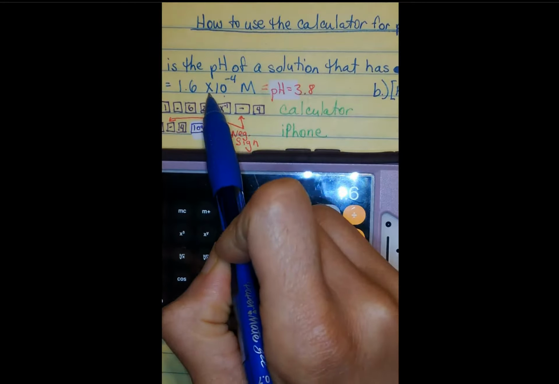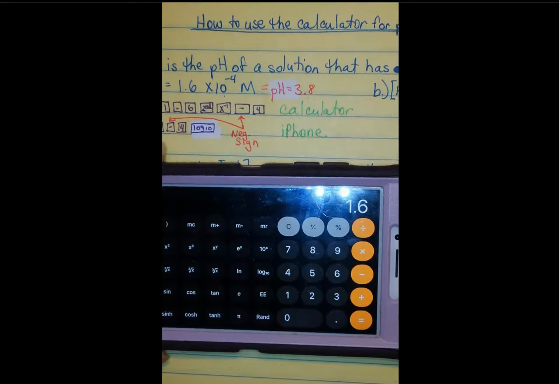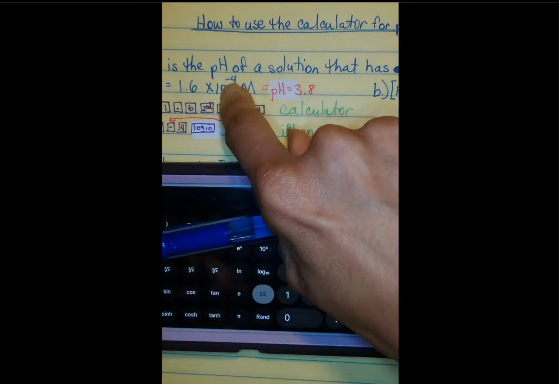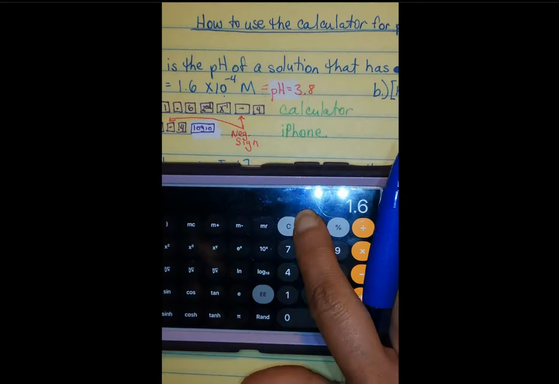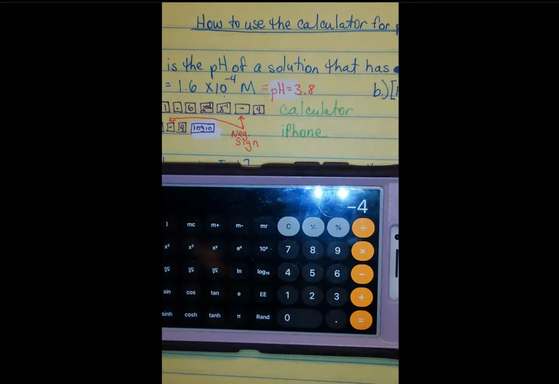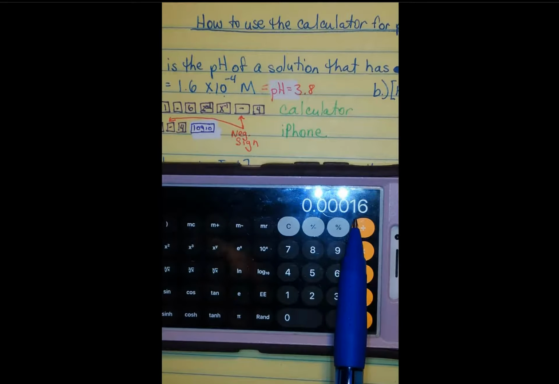Now, rather than putting times 10 in your calculator, you're going to press this E button. Then all you need to do is write your exponent, negative 4. Press enter, and that should give you standard notation for the hydrogen ion concentration.